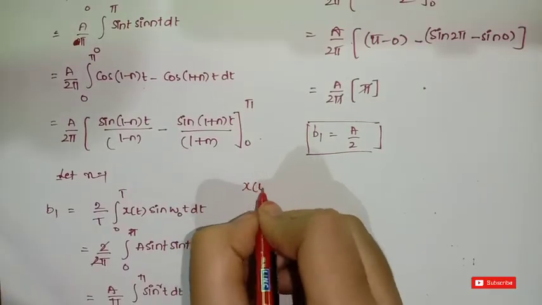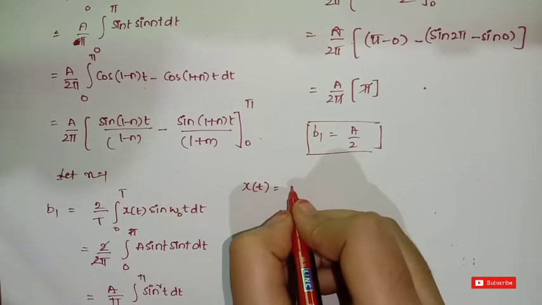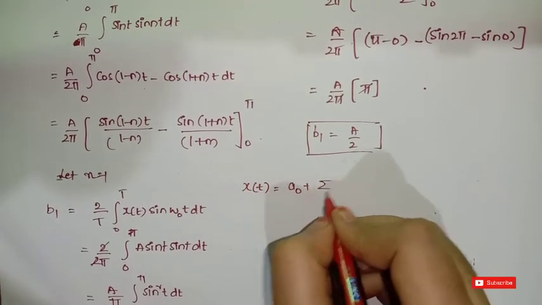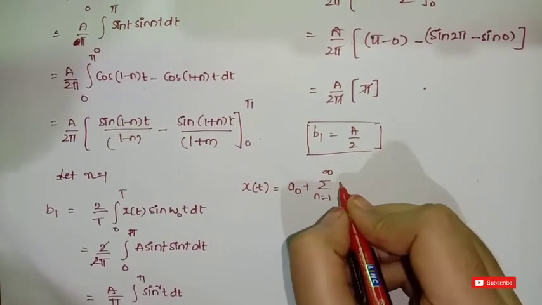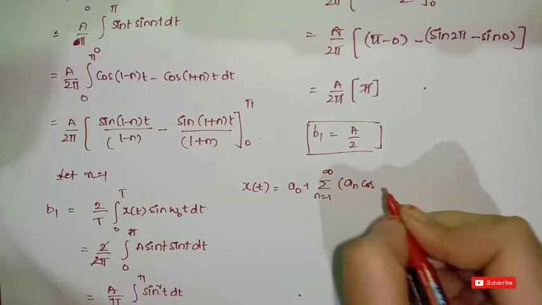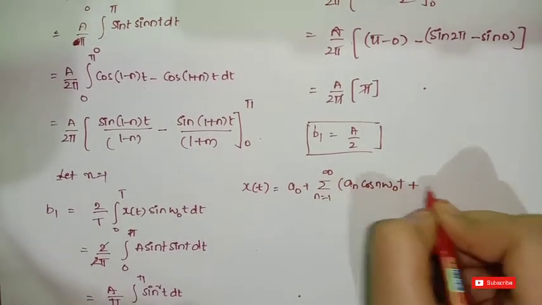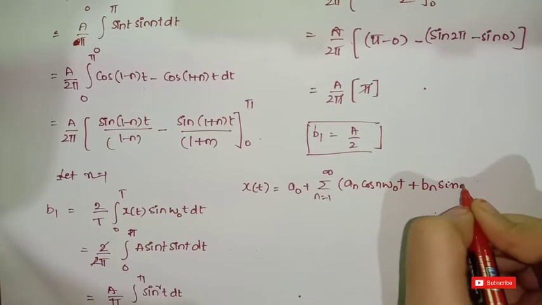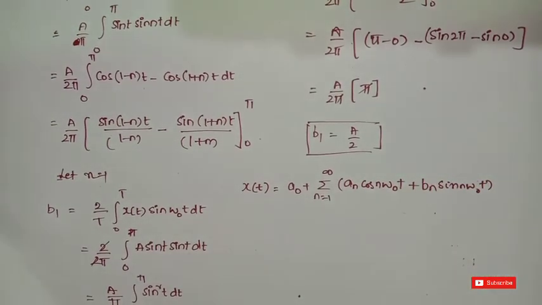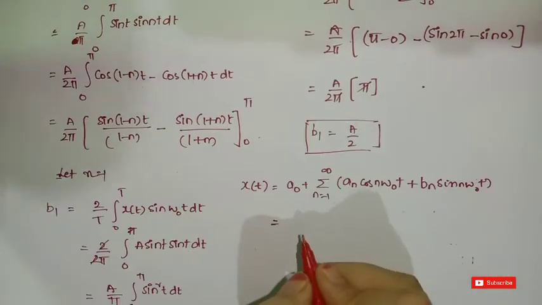x of t is equal to a naught plus sigma n is equal to 1 to infinity an cos n omega naught t plus bn sin n omega naught t. a naught is nothing but a by pi.